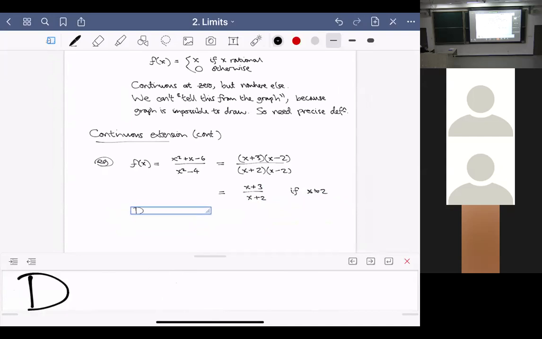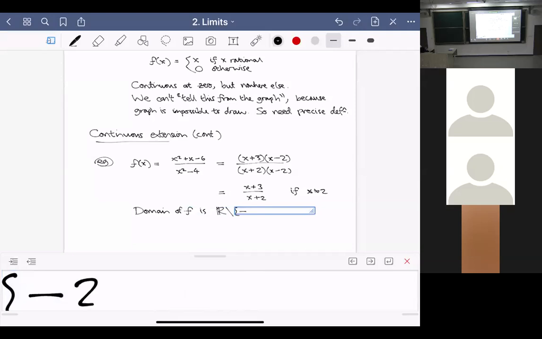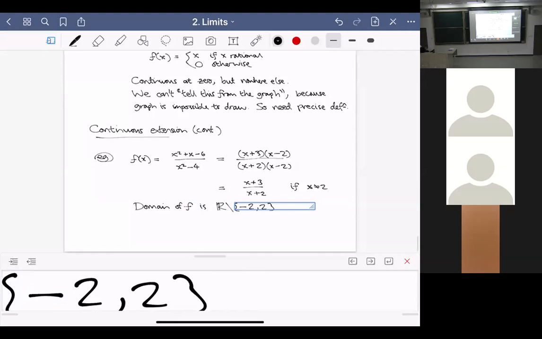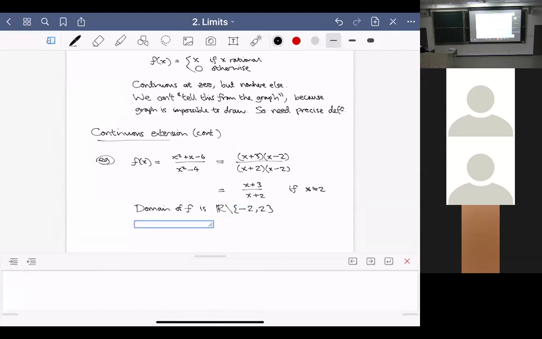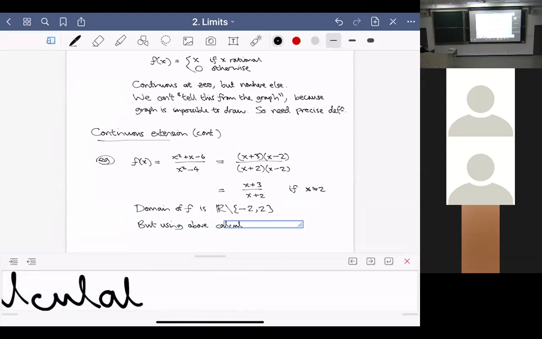So the domain of f is the real numbers with minus 2 and 2 removed. But using the above calculation we can extend continuously.